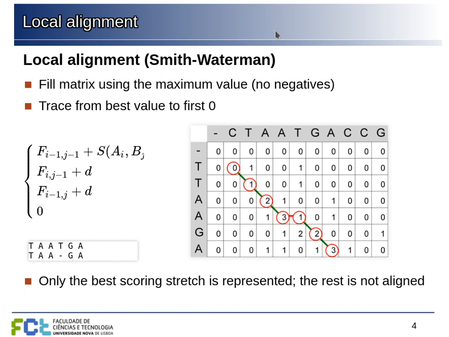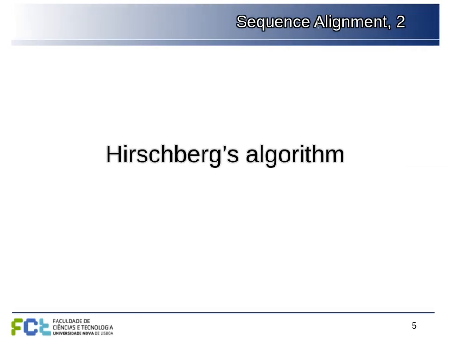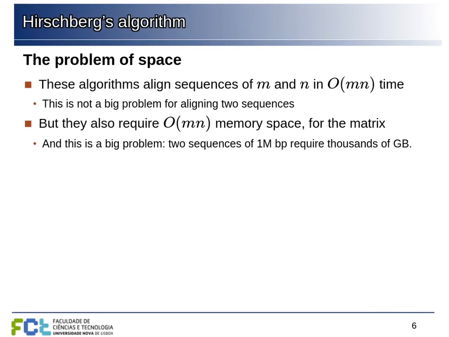Okay, so both of these, the Smith-Waterman and the Needleman-Wunsch, and even the variants that we saw for semi-global alignment, they all use the same approach of creating this matrix. However, this gives us a problem with large sequences, and that's why we have Hirschberg's algorithm that can be used for large sequences.